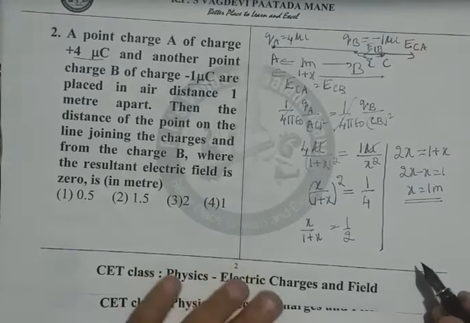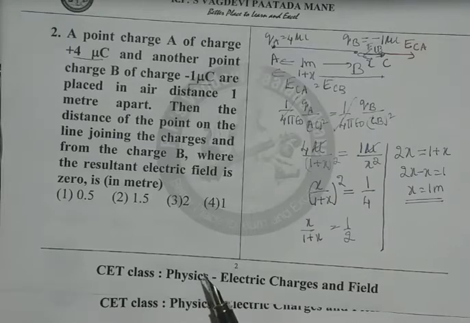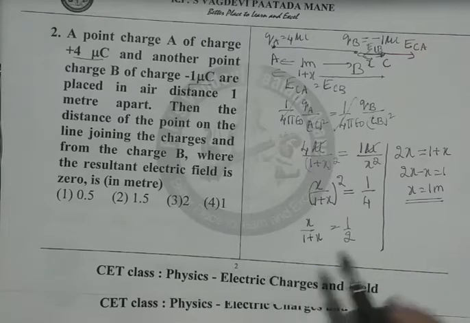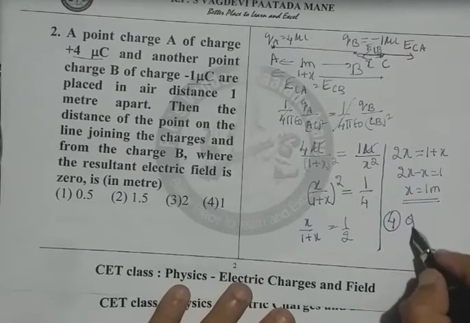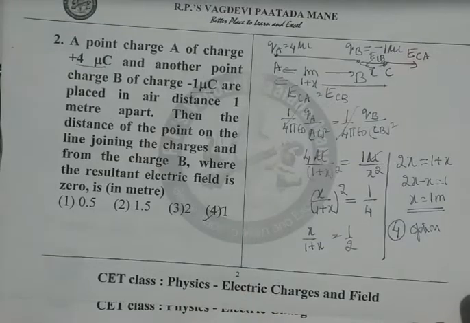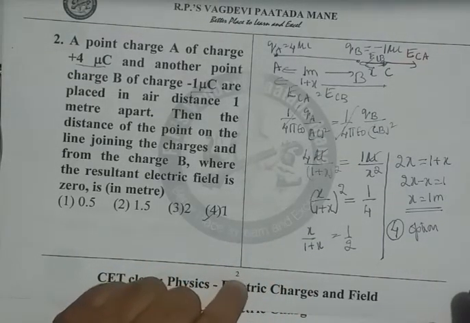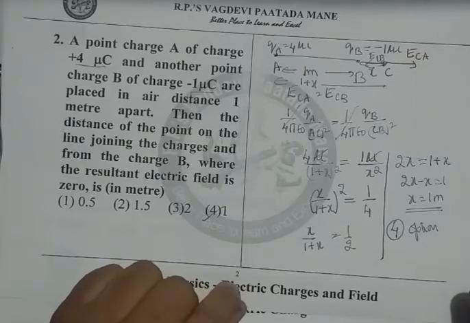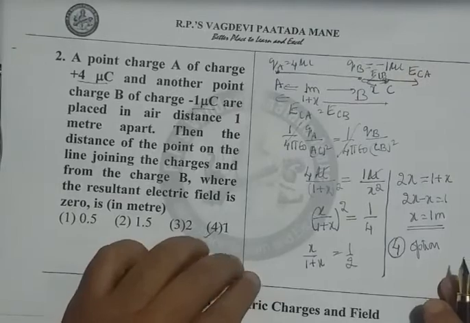Therefore, the distance of the null point from point B is 1 meter. Option 4 is right. I hope you are getting it. Here we are using the concept that the null point is the one where net field intensity is 0.